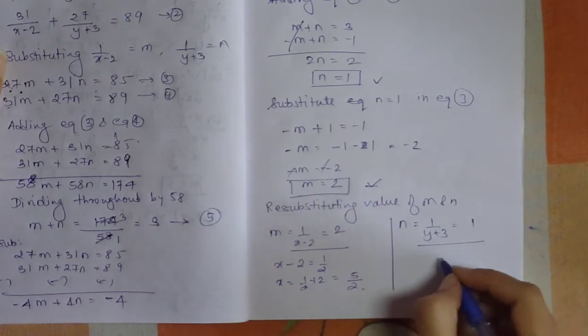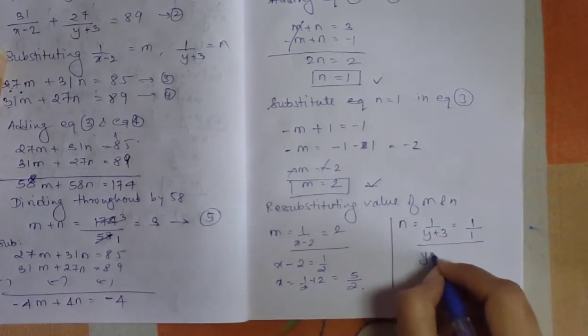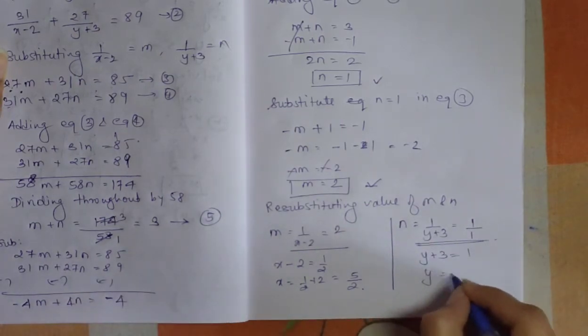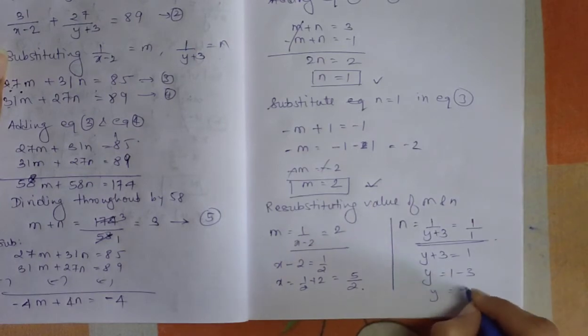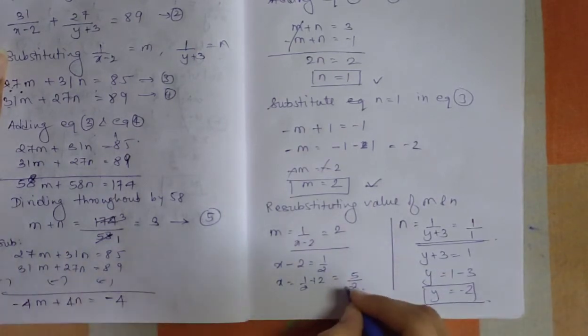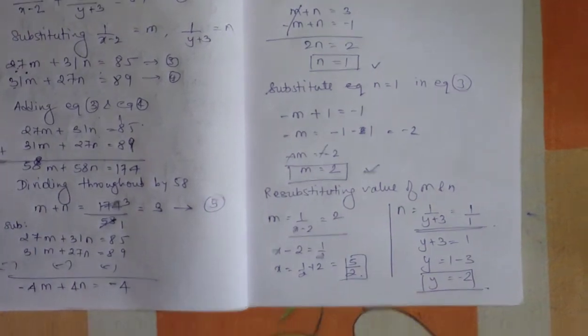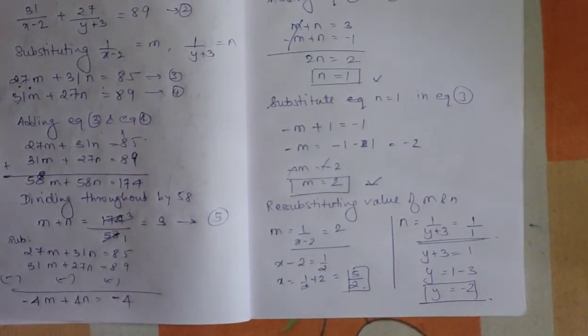And for your y, this is 1. So y plus 3 is equal to 1. Fine. So y is equal to 1 minus 3. y is equal to minus 2. So these are the two answers that you have got. So how will you write your answers now?